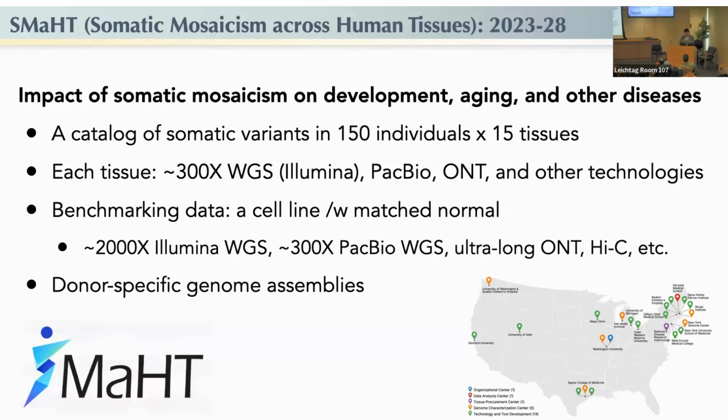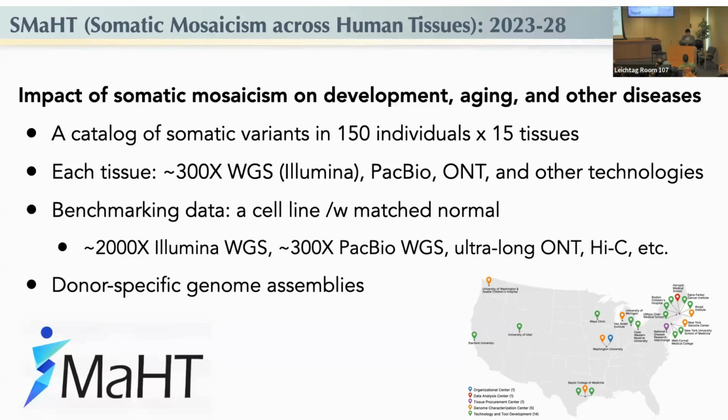So, Illumina data, 300x whole genome. We have a lot of debate about whether that's a waste of money or if it's deep enough. We also do PacBio whole genome sequencing and Oxford Nanopore. There's a class of methods called duplex sequencing that's becoming very popular, and we think it's going to be a major technology to understand mosaicism.